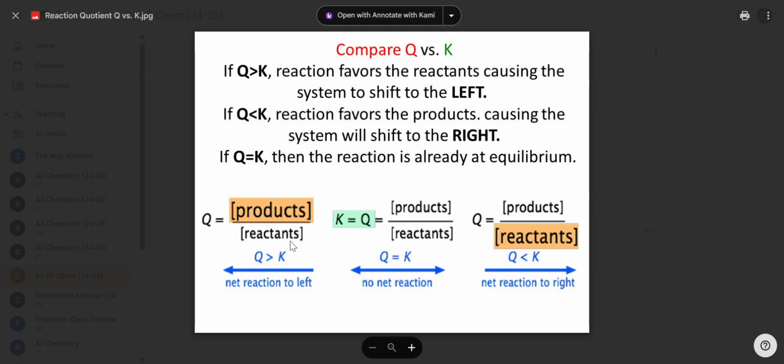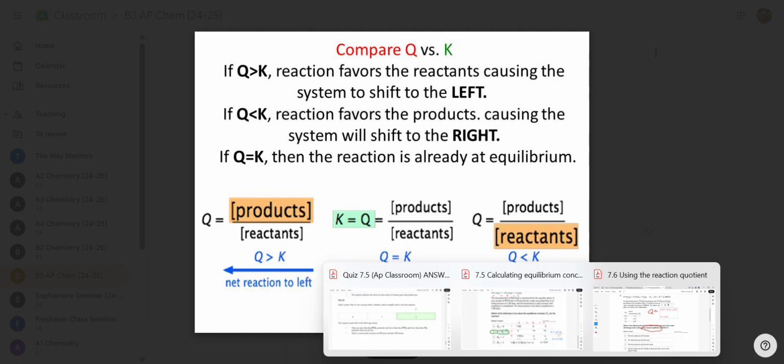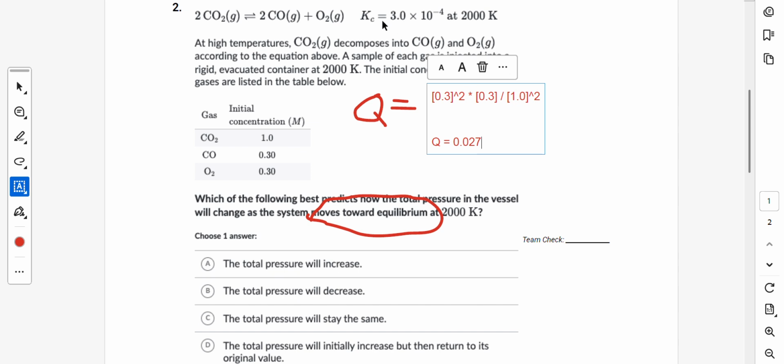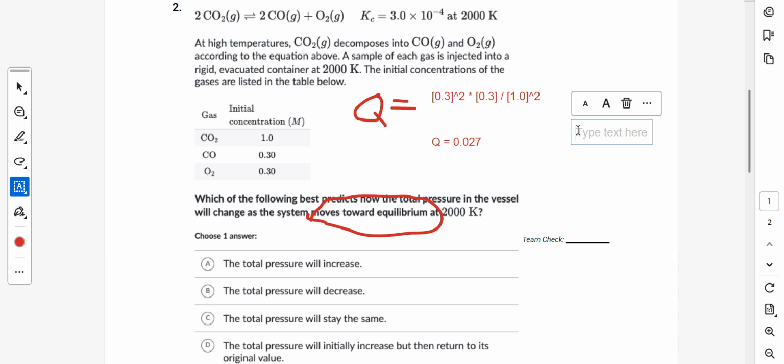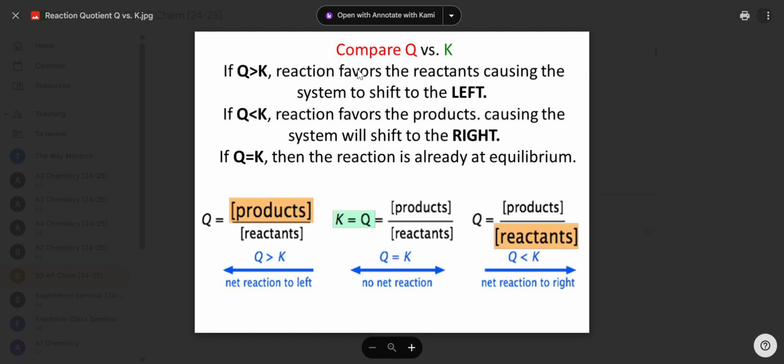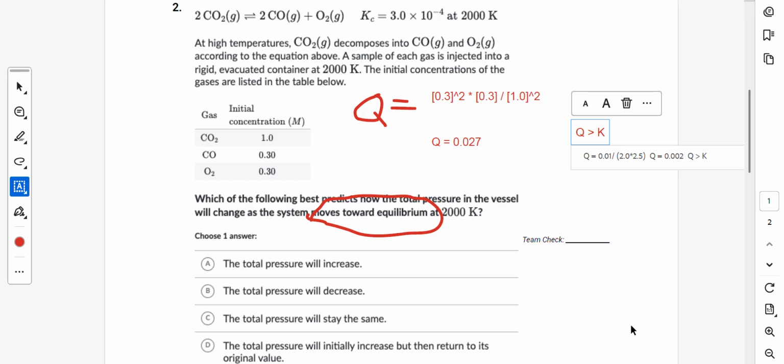My notes say I have this 0.027 compared to K, which would be 2.7 times 10 to the negative 2. Q once again is greater than K. And if Q is greater than K, the reaction shifts to the left. Sorry, to the left is towards the reactants, towards carbon dioxide.